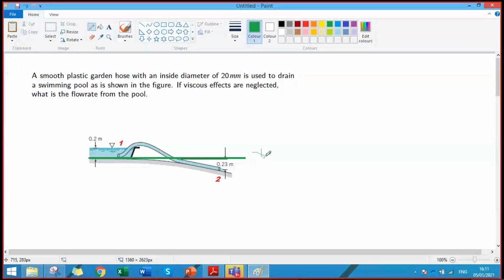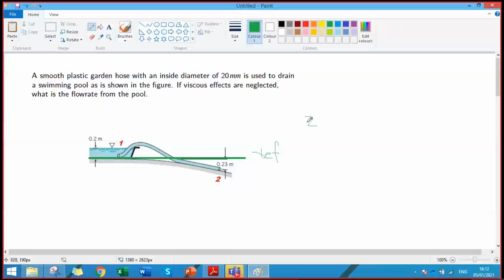So if I ask you to write the Bernoulli equation at point 1 and equate it to the Bernoulli equation at point 2, how will we start? P1 would be 0. Velocity at point 1 would be 0. So the total head is only the hydrostatic head, that is Z1.